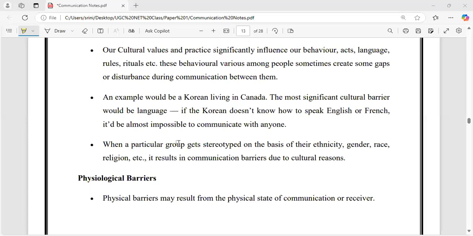The most significant cultural barrier would be language. If the Korean doesn't know how to speak English or French, it would be almost impossible to communicate with anyone. When a particular group gets stereotyped on the basis of their ethnicity, gender, race, religion, it results in communication barriers due to cultural reasons.